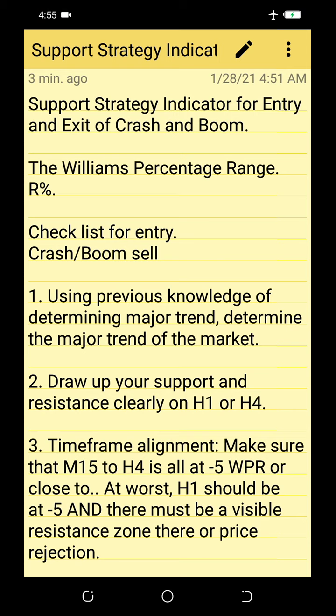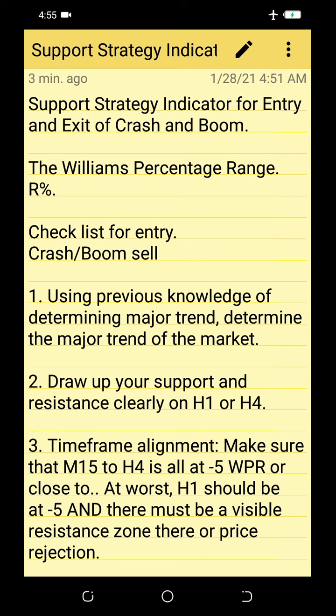You need knowledge of price action, or let's say support and resistance. I've said in my previous video that price action is a function of support and resistance. So you don't need just the Williams Percent Range, you need to marry it with resistance and support. So let us look at how it works.